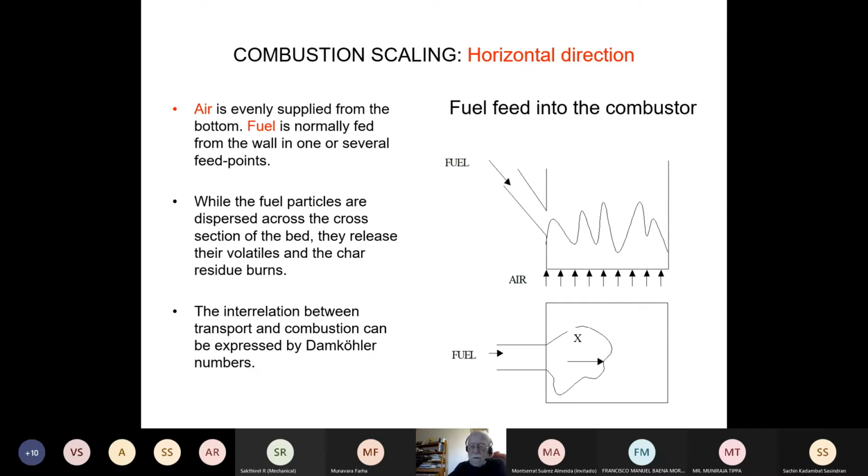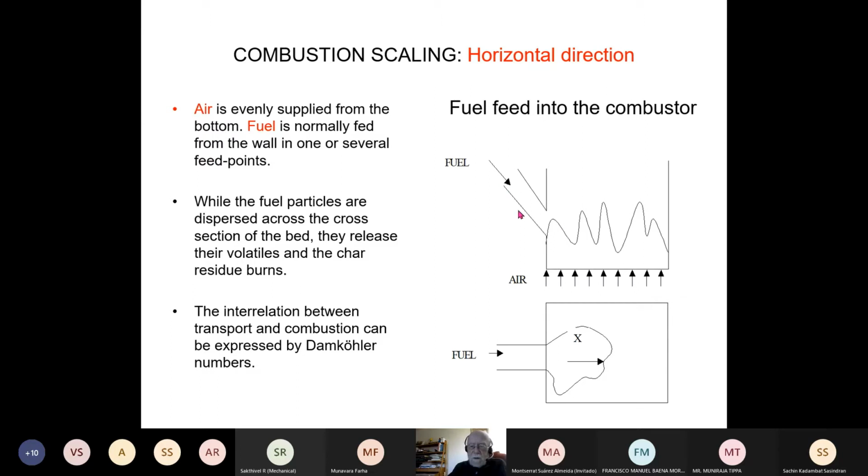You would like to know how many feed points are needed, and also how far the fuel will spread under various conditions. This can be calculated, of course, with numerical methods, but it can also be estimated by simplified scaling approaches. So this is what I want to illustrate here.